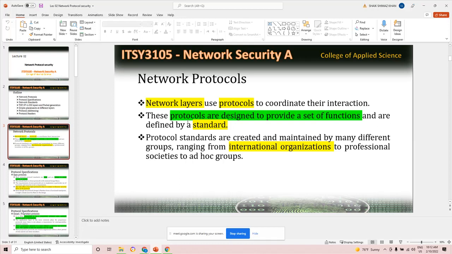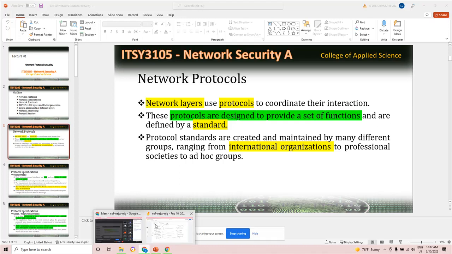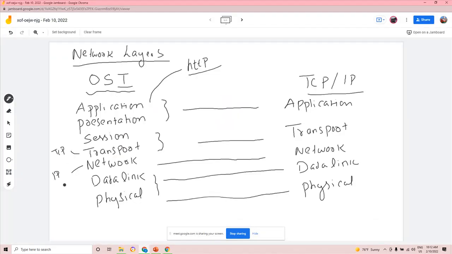So what is a protocol? Protocols are designed to do some function. These protocols have different functions. For example, the TCP protocol does the function defined in the transport layer, so it transports the segments from one node to another node.